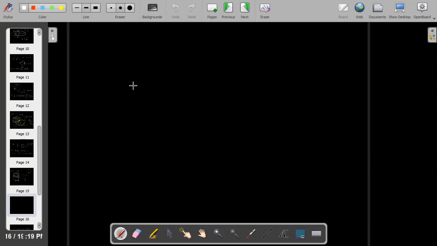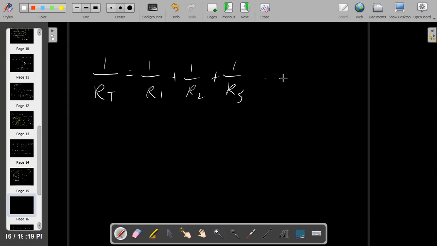I didn't put the numbers there because you have the picture in front of you. But here you go. For the area where you have your parallel resistors, you need to find it with this formula, with as many resistors as you have. Thankfully, we only have 2.